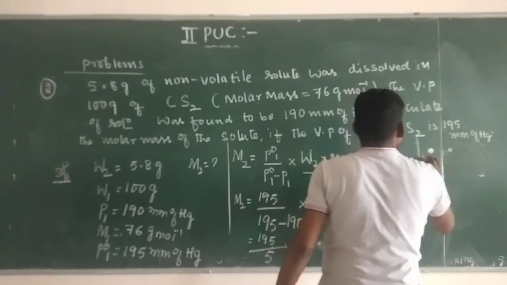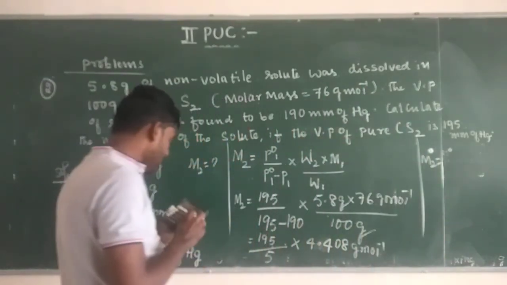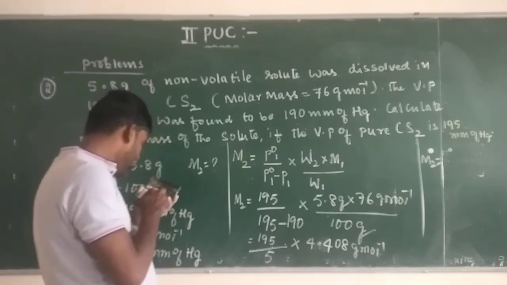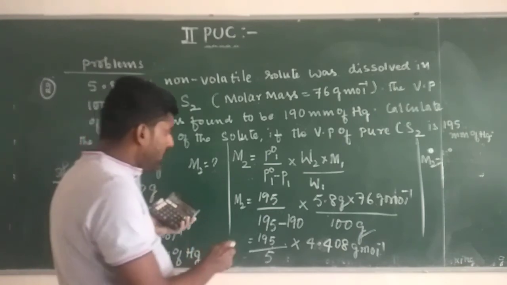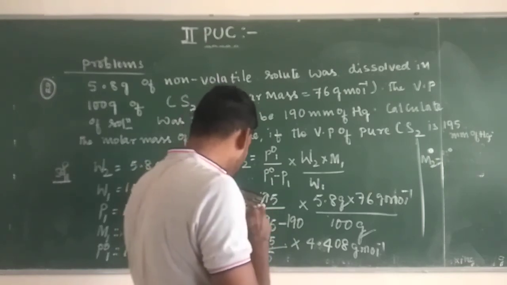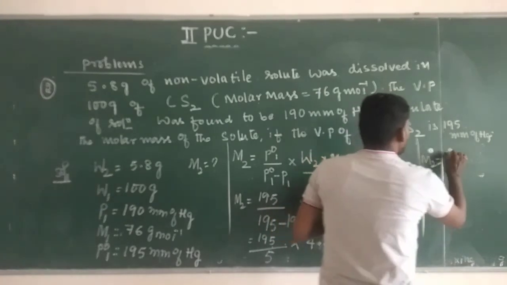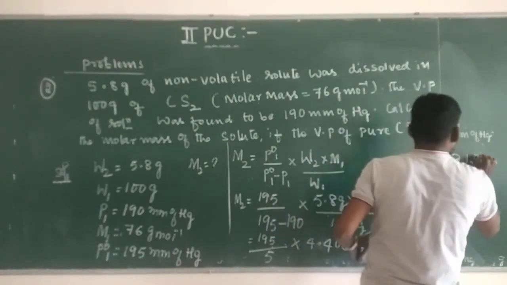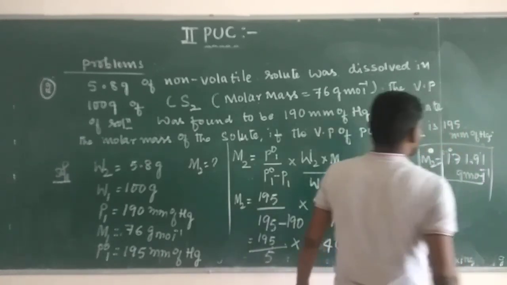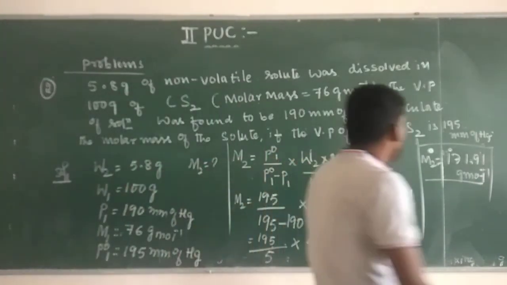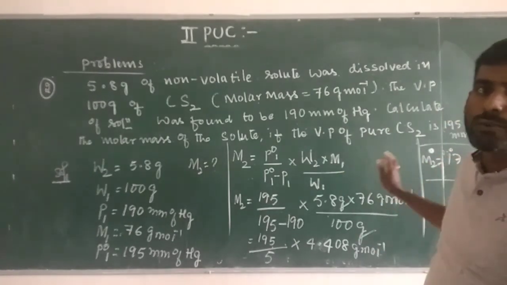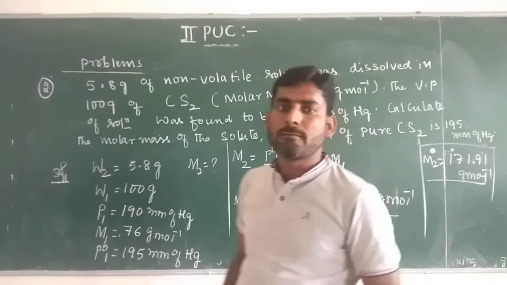Finally, M2 is equal to 195 into 4.408 divided by 5. So we get M2 as 171.91 gram per mole. It's nothing but 172 gram per mole, which is the molecular mass of the solute.